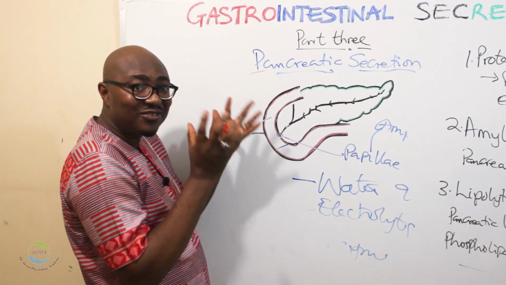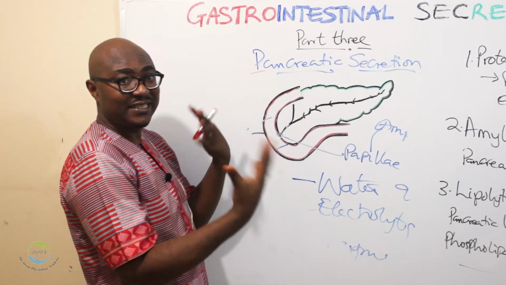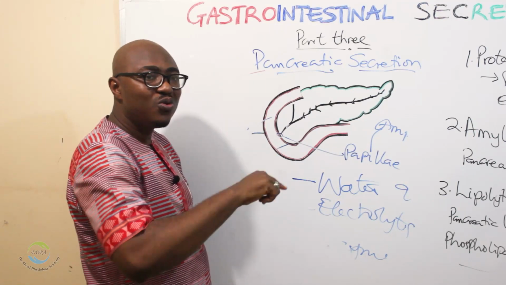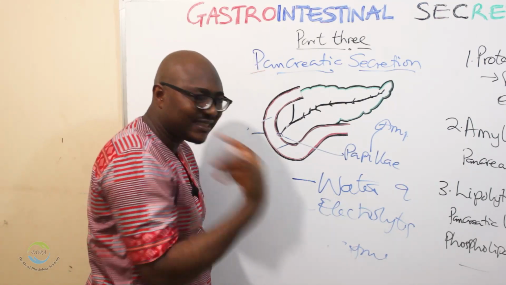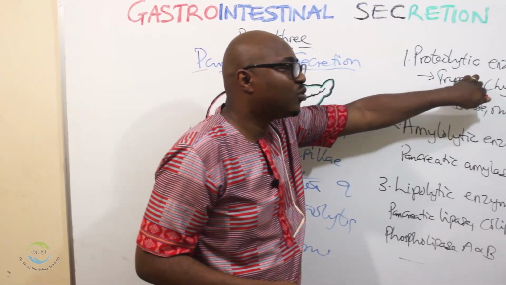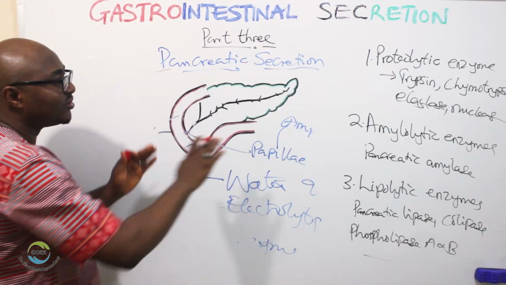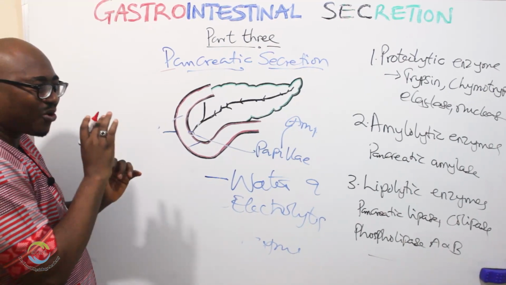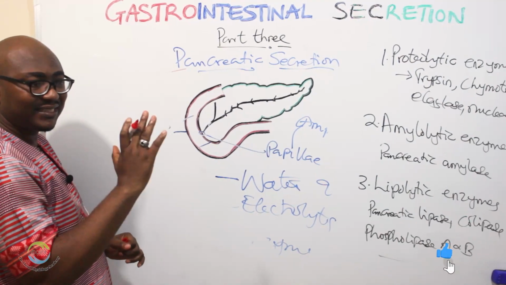Like I always say, the body is made up of proteins. So when they are secreted, they are always secreted in the inactive form. What you are seeing here is trypsinogen. When it's secreted, it's trypsinogen, chymotrypsinogen, and so on.